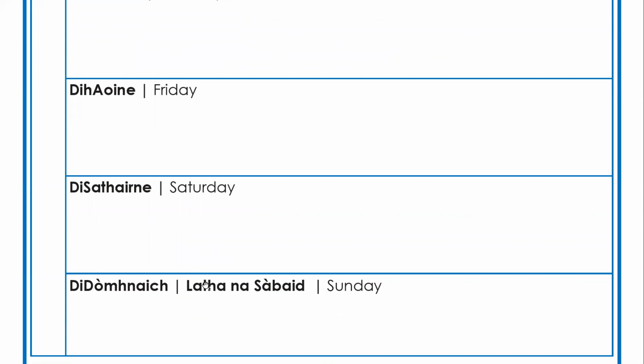And we have two options, like we do in English for Sunday. We have dèanamh, Sunday. Plana Leasain, which is the day of the Sabbath. Traditionally, dèanamh is used in the Catholic areas and Plana Leasain in the Protestant areas of the islands, but this usage is not necessarily so strict as that, and they will both be understood and to varying degrees used by followers of both religions, particularly these days.